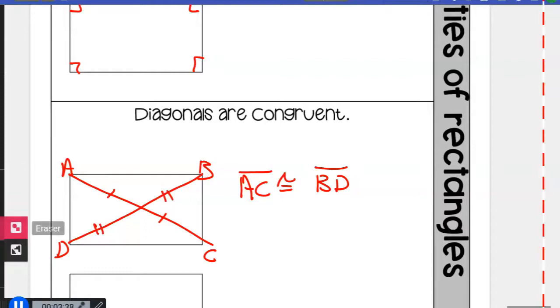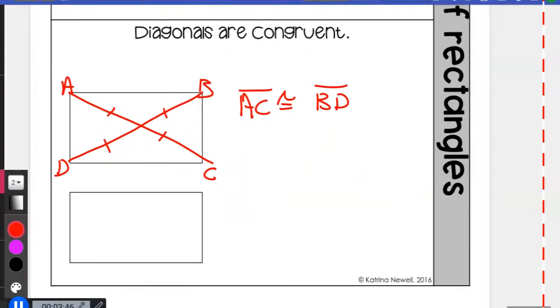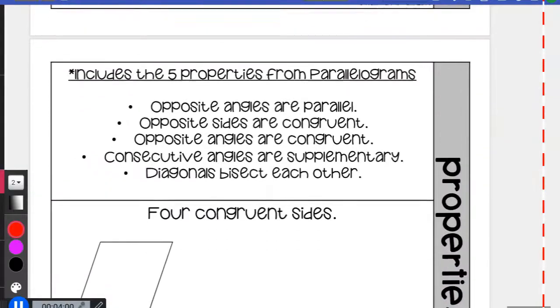So actually, all 4 of those little pieces are going to be the same. I guess I could have done that in 2 separate things, but I didn't. Alright, so that's the new stuff for rectangles.